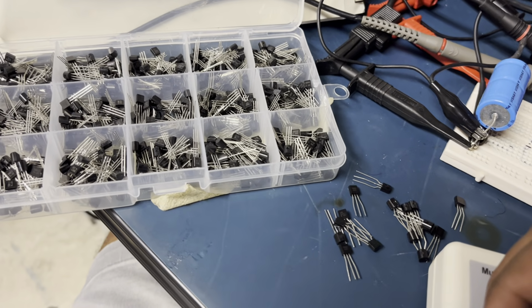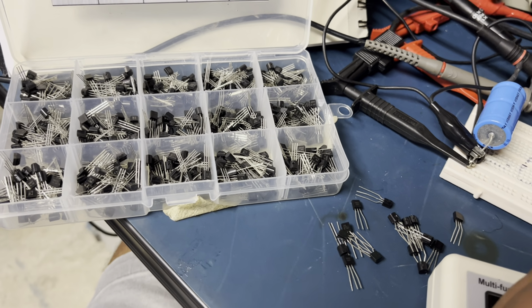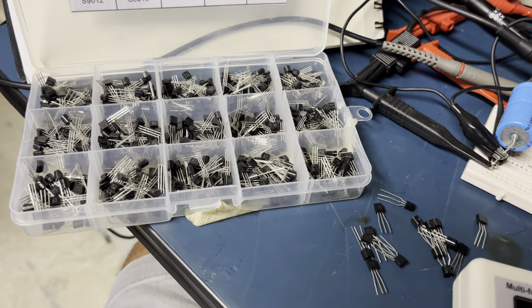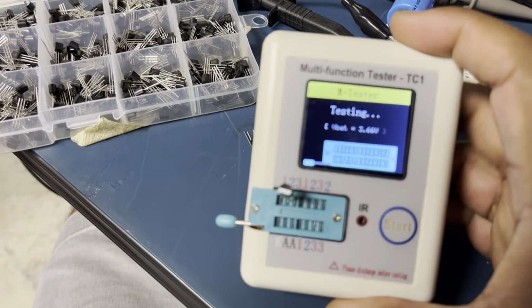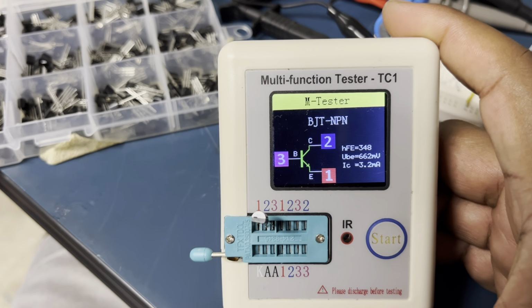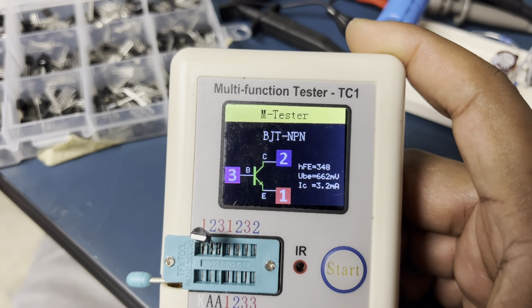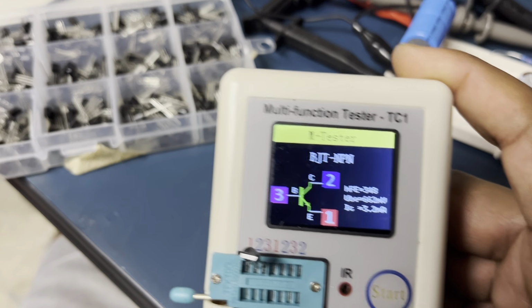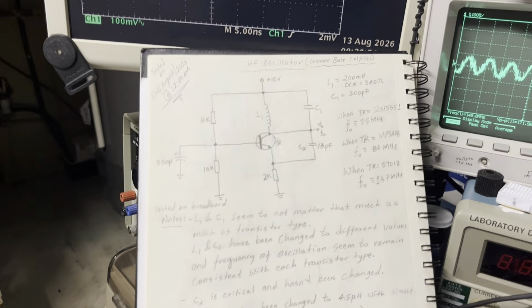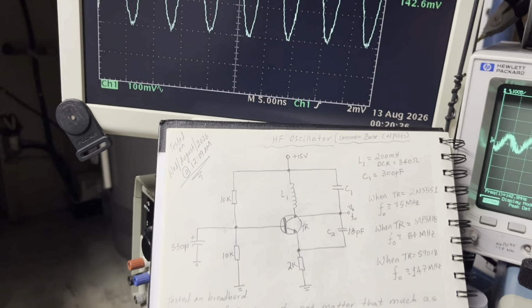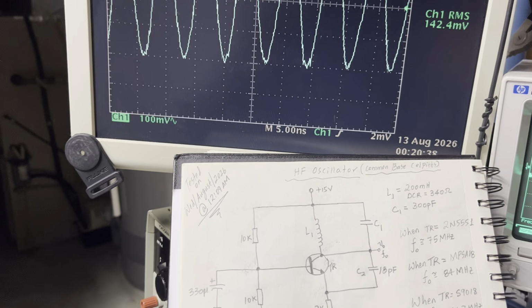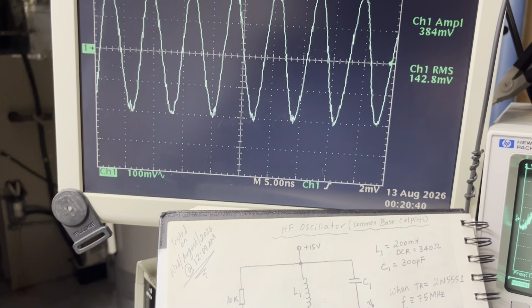If I put them in this tester real quick, yeah, that's the gain you get. Whichever you pick, they seem to be between 300 and 400 gain. Really nice gain, but they don't seem to operate at high frequency, although most of them oscillated around 84 megahertz.